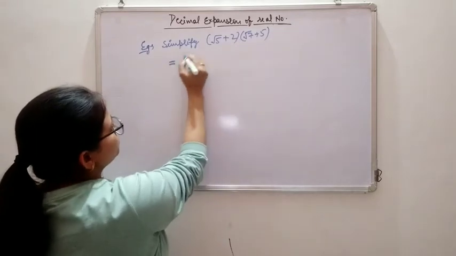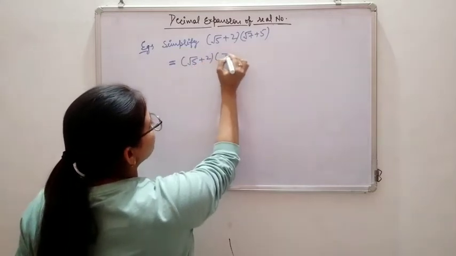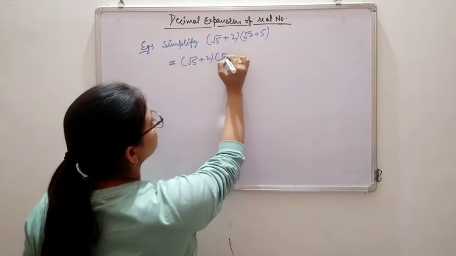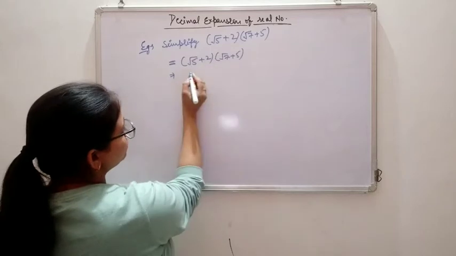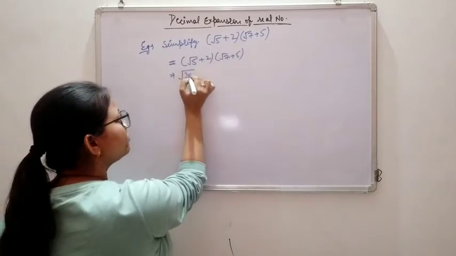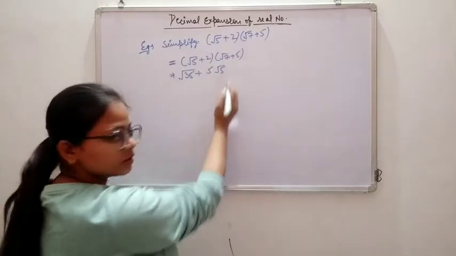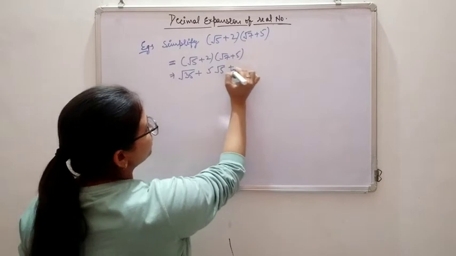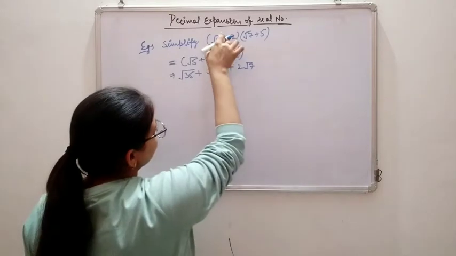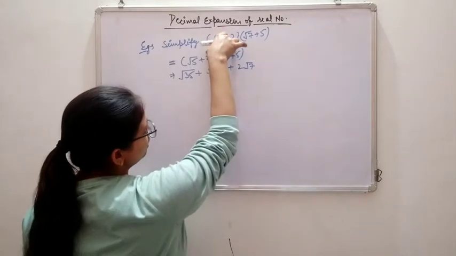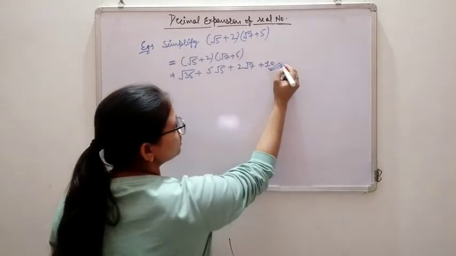So multiply these two. Multiply root 5 with root 7, this will give you root 35, right? And multiply root 5 with 5 will give you 5 root 5, right? Now multiply 2 with root 7 will give you 2 root 7, right? And multiplication of 2 and 5 will give you 10. Okay, so this will be your answer.